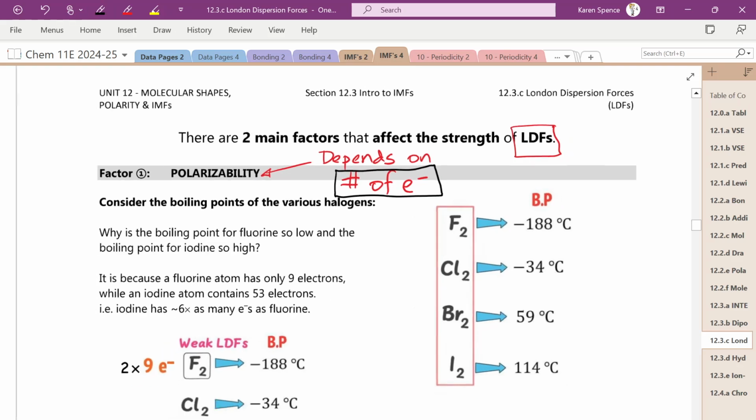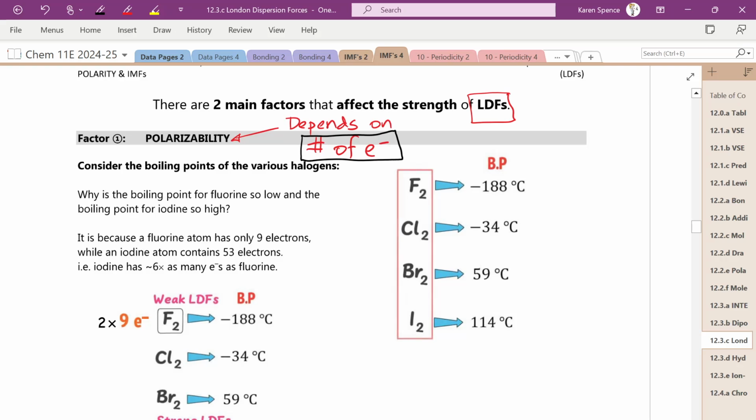Now, I will say that very often you will be given the molar mass, not the number of electrons. So if you are given molar mass, you need to be able to make the leap and say, if I have a larger molar mass, I will have a larger number of electrons. Okay?